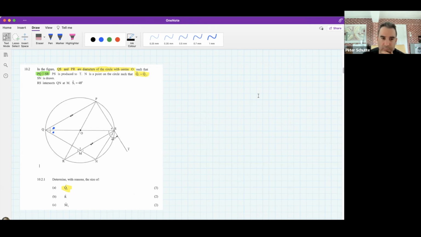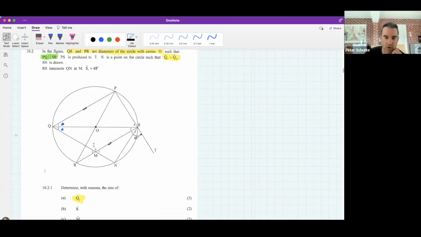So some people are saying Q1 is equal to 42. Maybe it is, maybe it isn't. Let's have a look at where Q1 is. What do we actually have to work with in this question? We know those two are equal. We have the tangents, or we have the diameters.